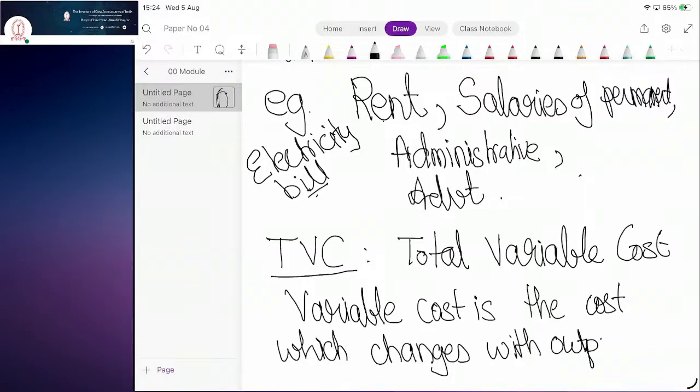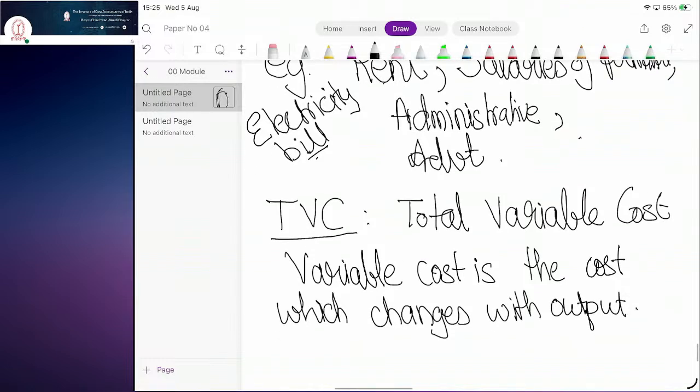Okay, I will include partially the answer that you have given here. Electricity bill could be a good example of variable cost. But not completely, but it is a good example. Power cost, okay, example, power or electricity cost. Any other example?